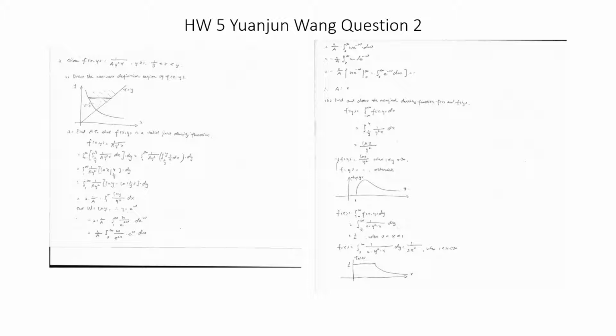For part 3, find and draw the marginal density functions f_X and f_Y. For f_Y, it's equal to the integral from negative infinity to infinity of f(x,y) dx.